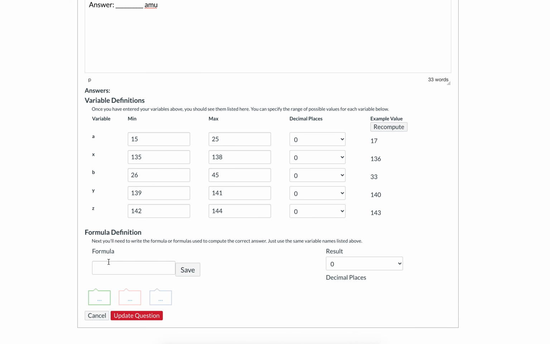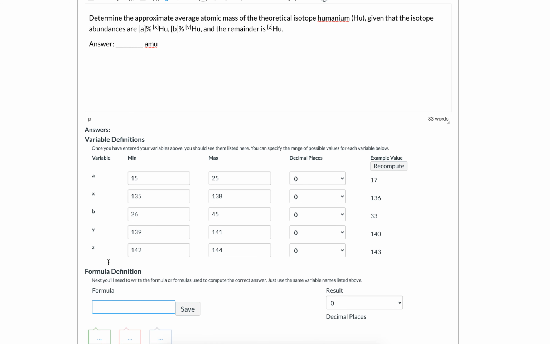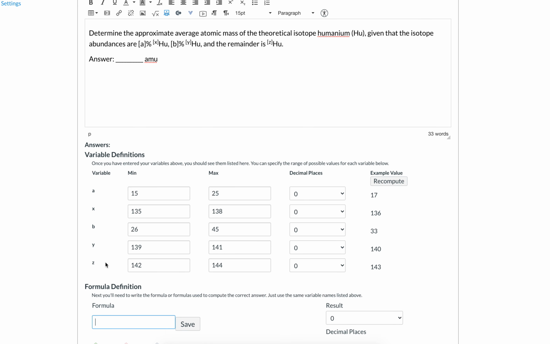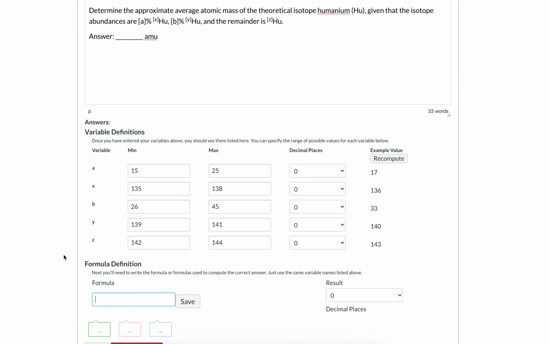And if you scroll down, you have to put the formulas in. So in this case, you have to be very careful. A and B are percentages. So I'm going to use the intermediate formula trick here. I'm going to say that the isotope 1, just some intermediate variable I'm making up, is going to be equal to, and we want to turn whatever the number is, let's say it is 17, so it's in our 15 to 25 range.